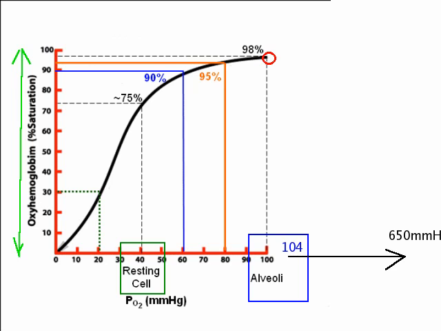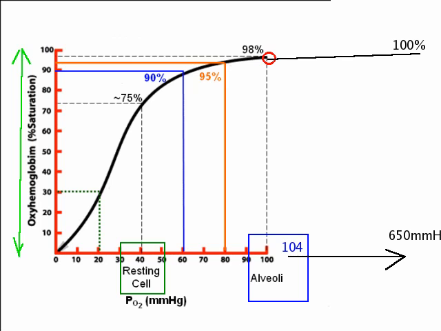We would have to increase the partial pressure of oxygen within the alveoli 6.5 times greater. And if we did that, we would be able to take that graph and basically bump it up to 100%.